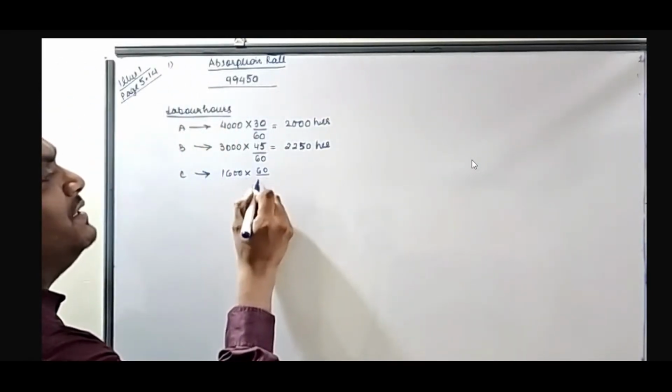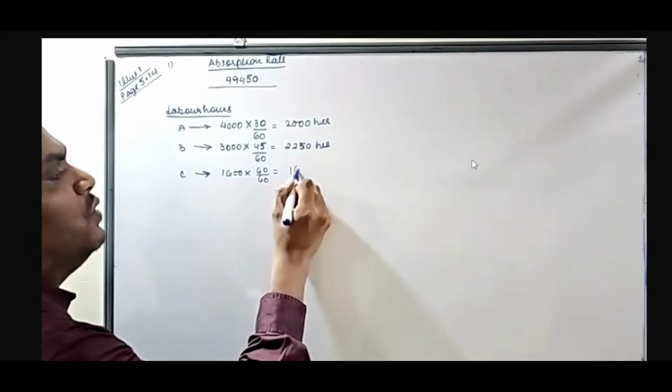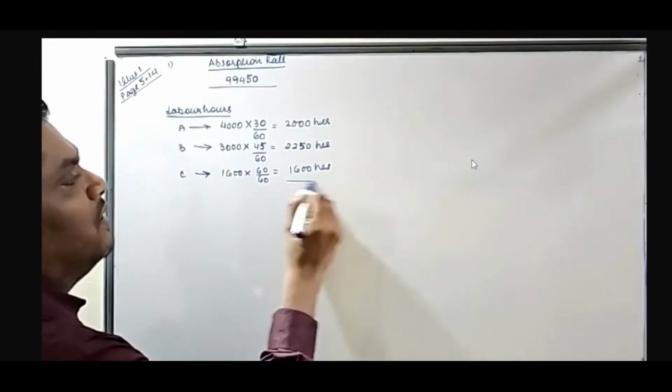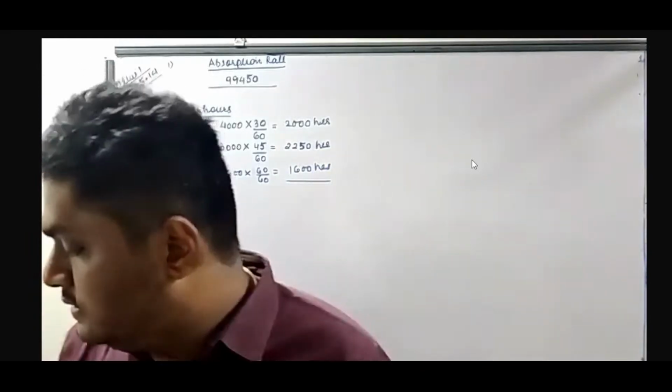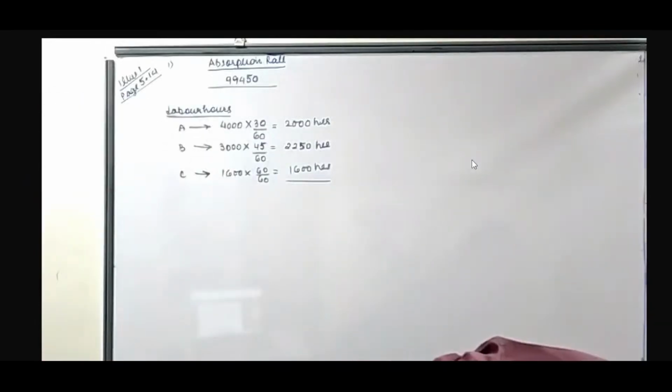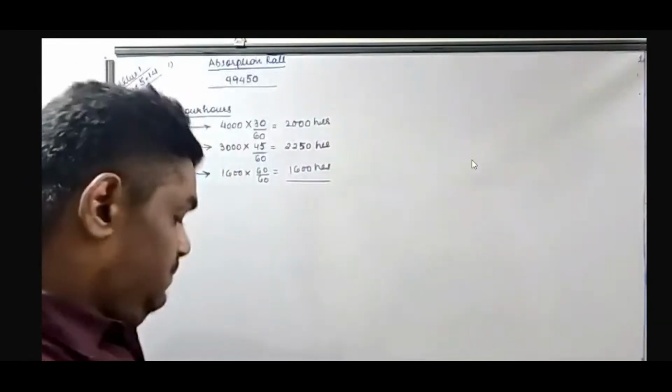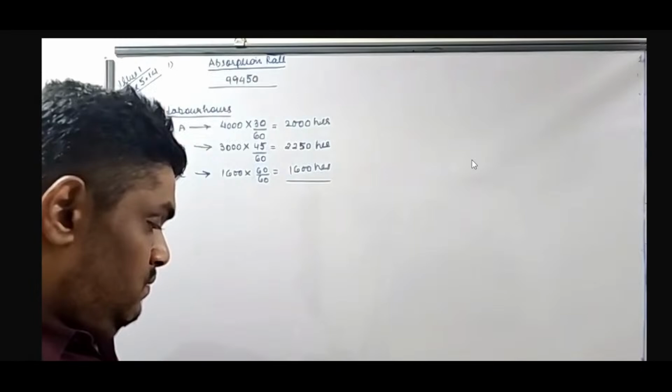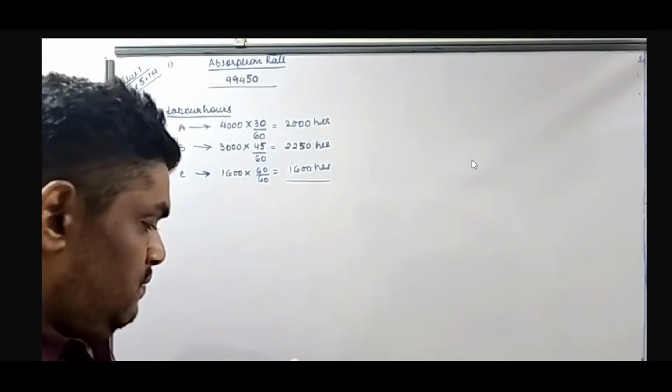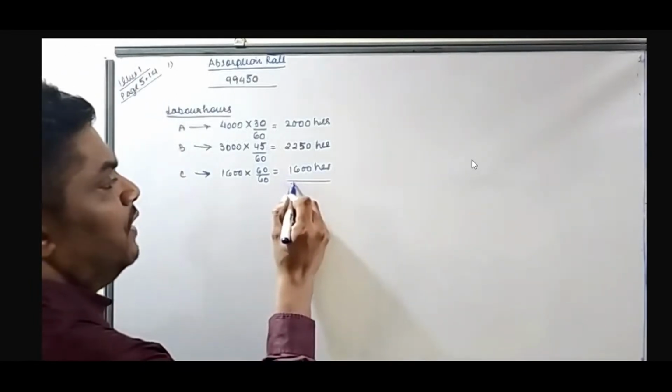And one unit takes 60 minutes, which means 1 hour. So total 1,600 hours. So how much will be the total hours? 5,850 hours.